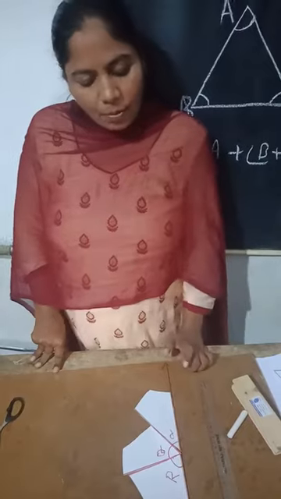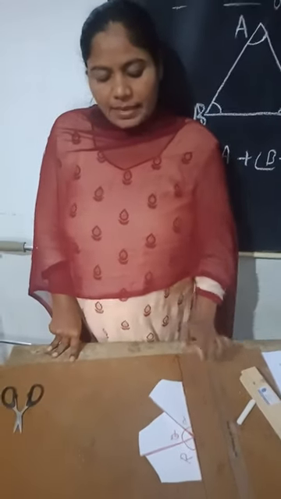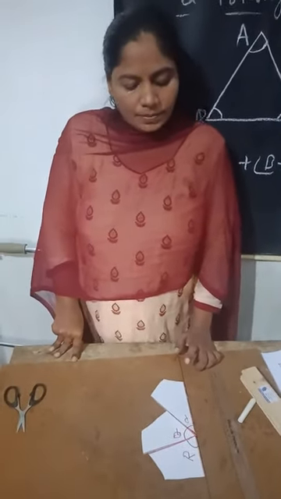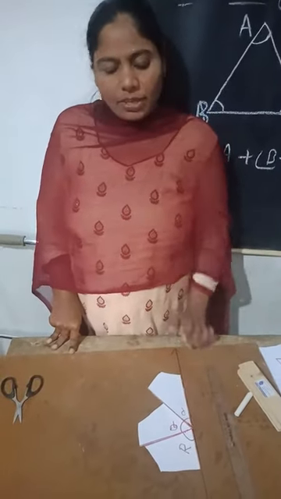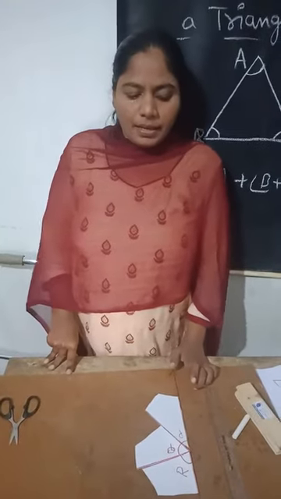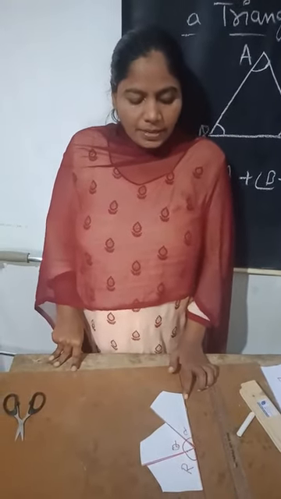A straight angle is formed. What is the measure of a straight angle? 180 degrees. Therefore, angle P plus angle Q plus angle R equals 180 degrees. Do you understand?